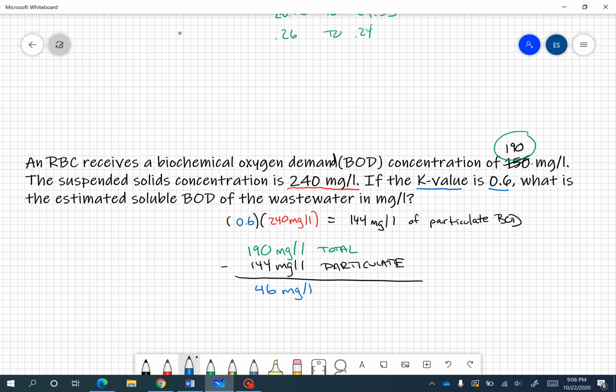So 46 milligrams per liter of estimated soluble BOD.